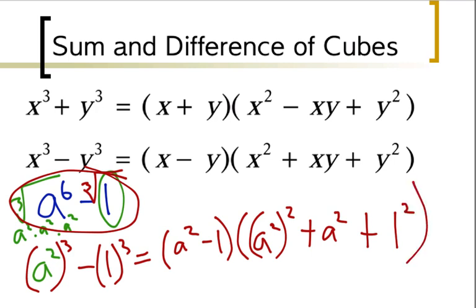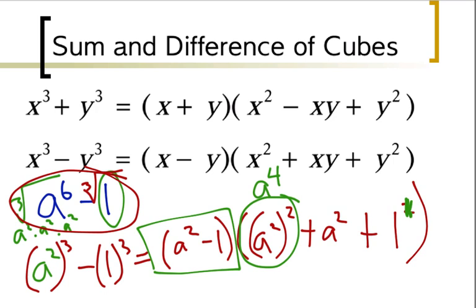Now, this problem is going to get a little bit complicated because I'm going to get my answer here for this part, which would be a to the fourth. So this is a to the fourth plus a squared plus 1, which is fine because you don't need this square, it's just 1 squared, which is 1. But this beginning part, a squared minus 1, is actually the difference of squares. So this solution just got a little bit more complicated.